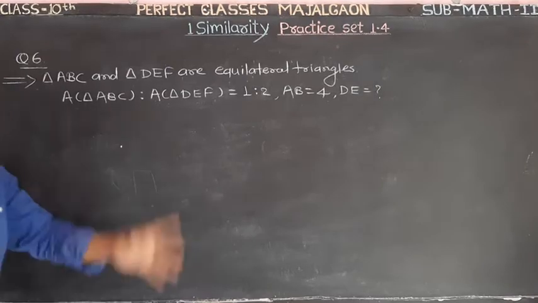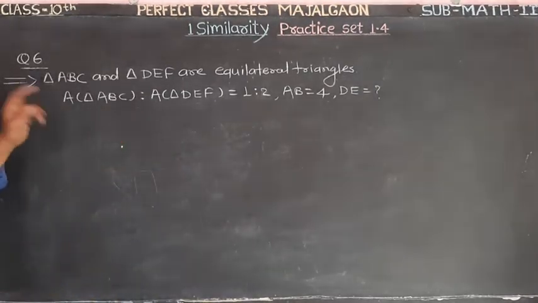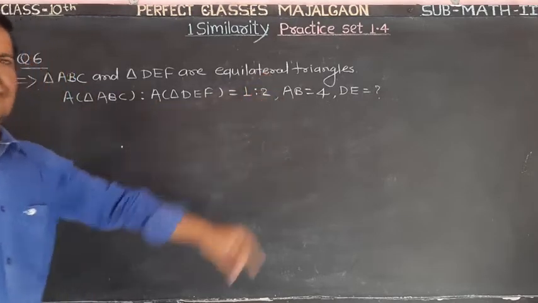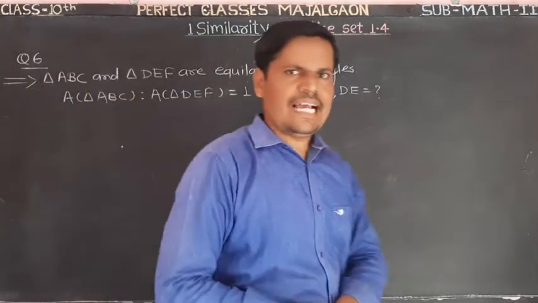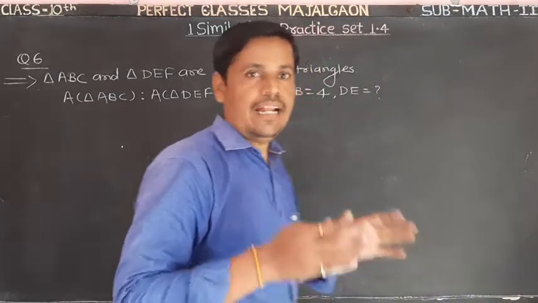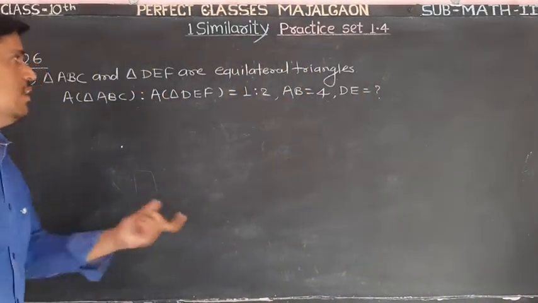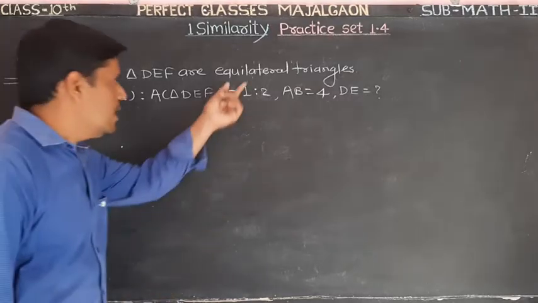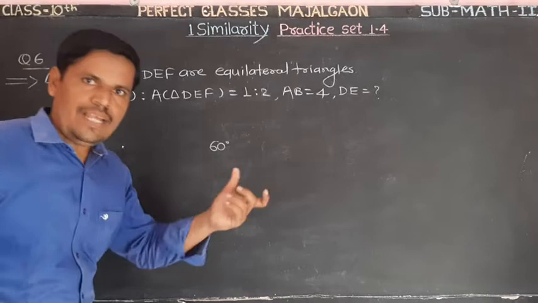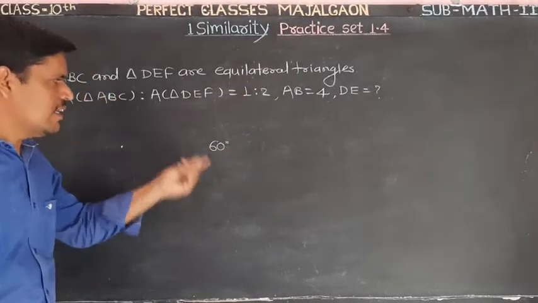Now look at this example. These two triangles are equilateral triangles. What is the definition of an equilateral triangle? Equilateral means a triangle having all sides congruent. It means that all angles are also congruent. The measure of all angles of an equilateral triangle is 60 degrees.